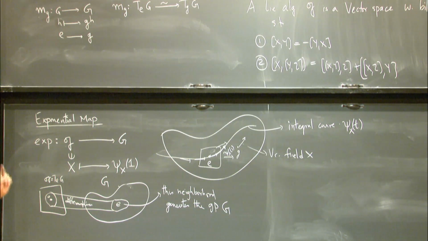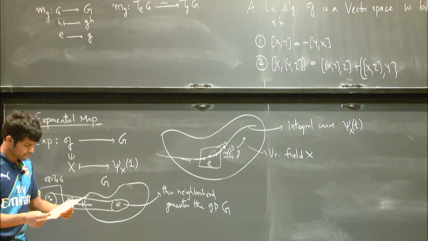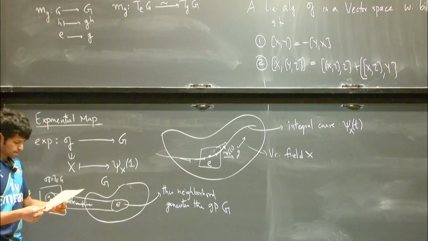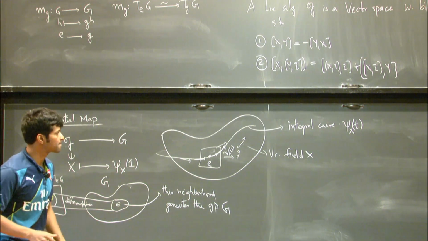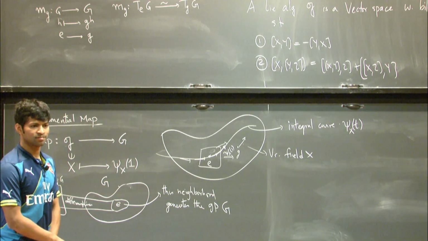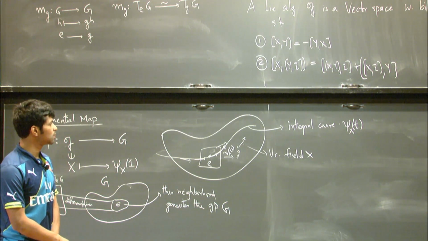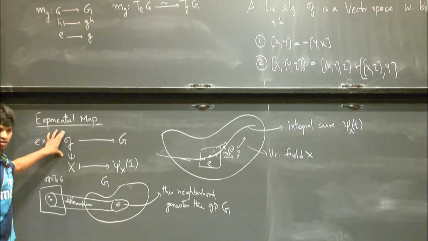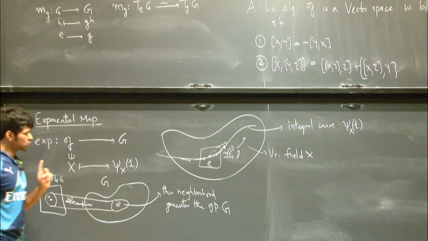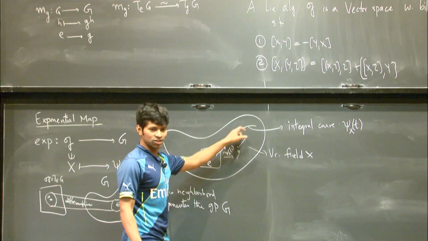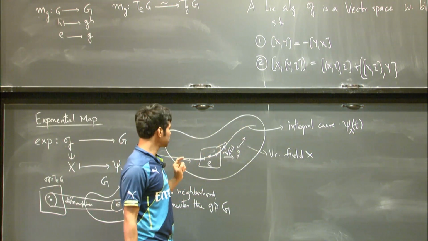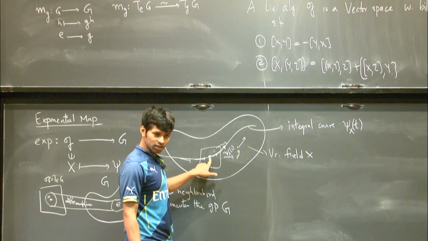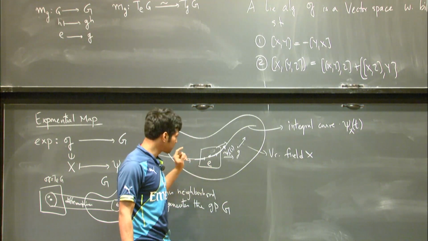Okay. Now, this integral curve t, what is this parameter? Here's what it is. This element of this Lie algebra is a vector field. A vector field means I have a tangent vector at each point. An integral curve means, start at time 0 here and follow the vector field.